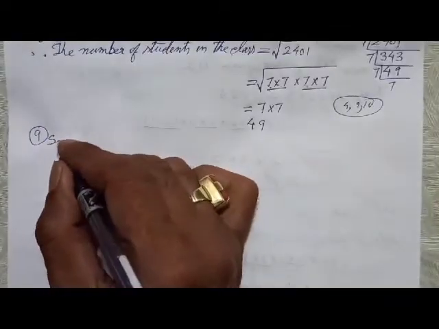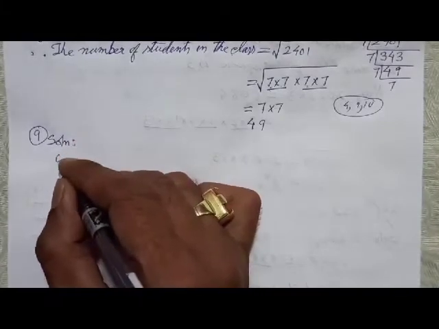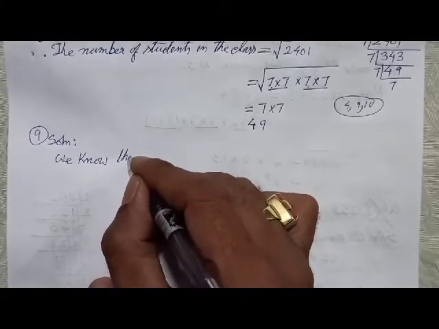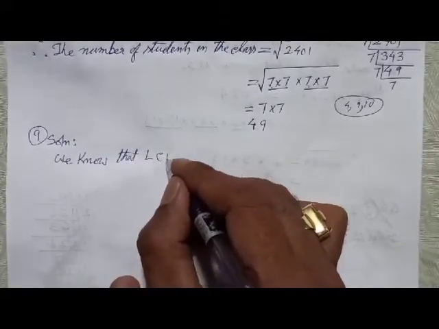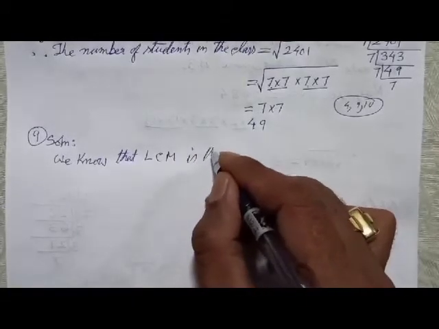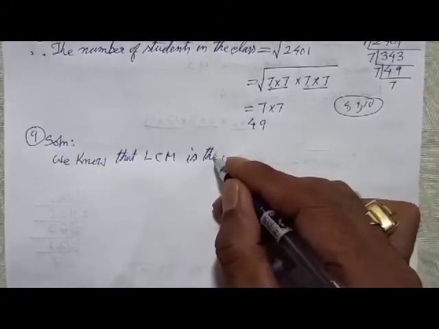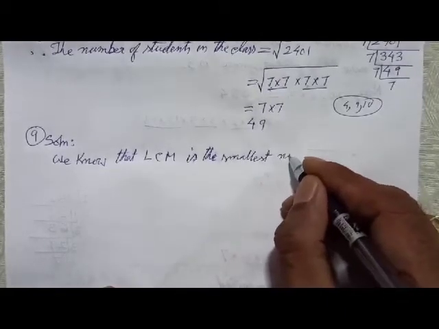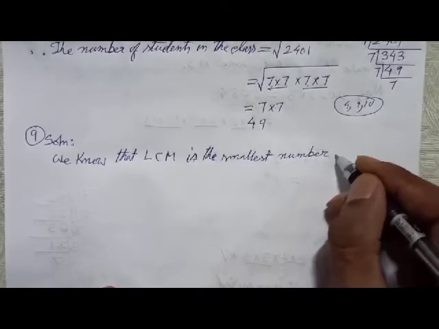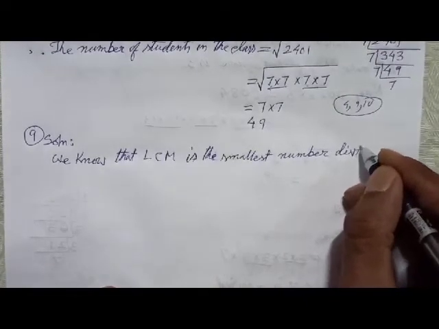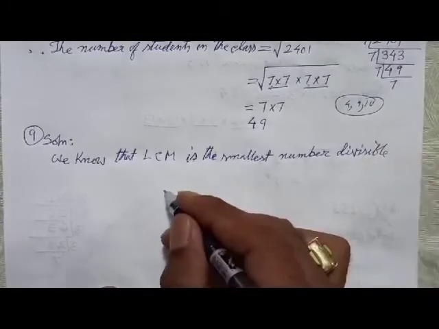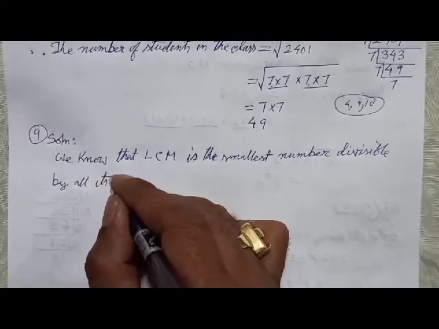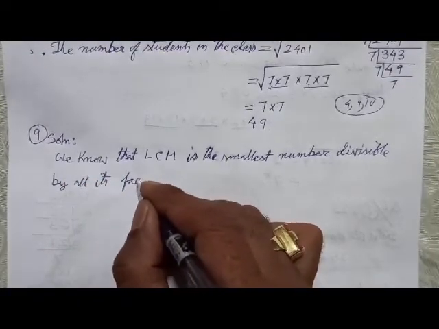Question number 9, solution. We know that the LCM is the smallest number divisible by all its factors.